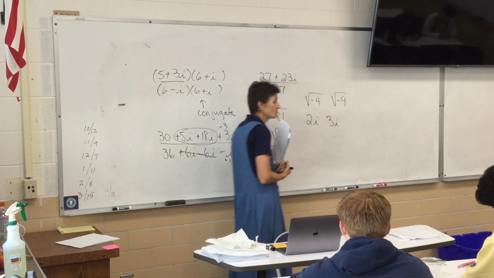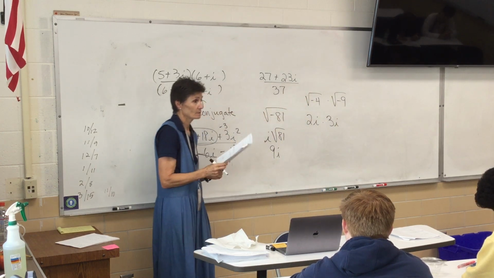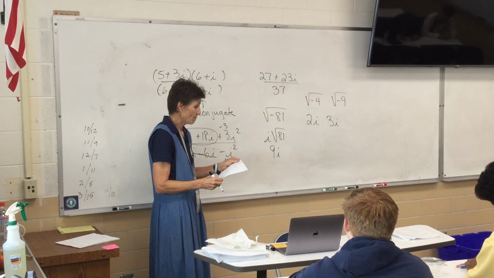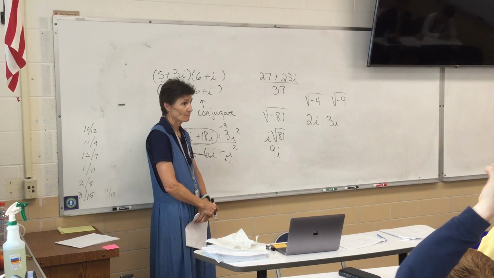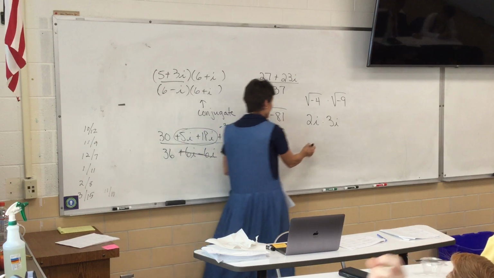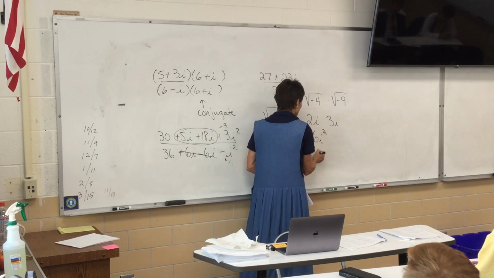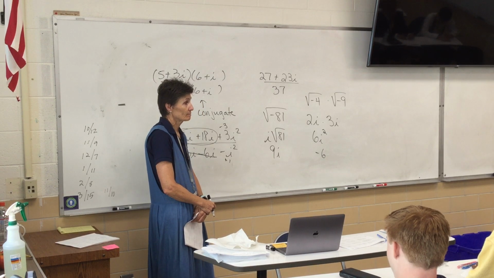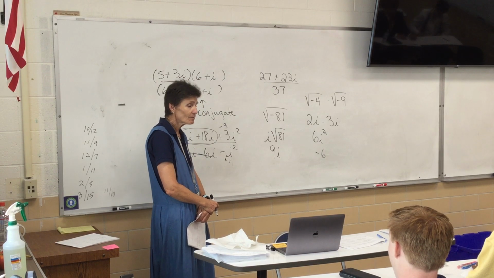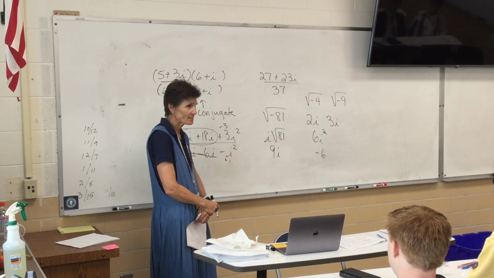And they're being multiplied together. So when I multiply them together, what's that going to give me? Well, it's going to give me 6i squared, which is going to become negative 6. Isn't this easy? It's pretty easy, right?